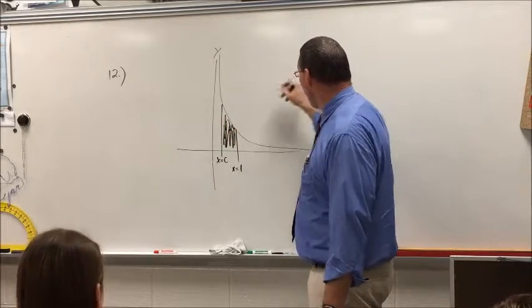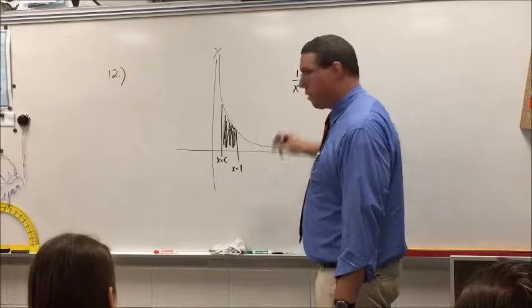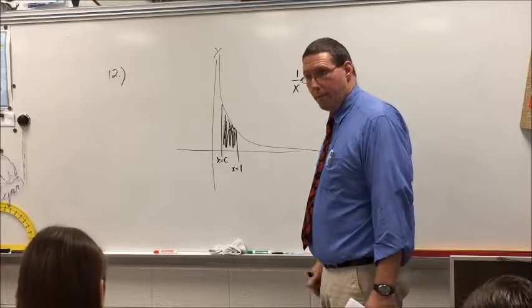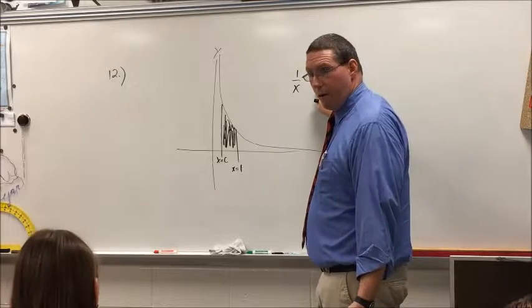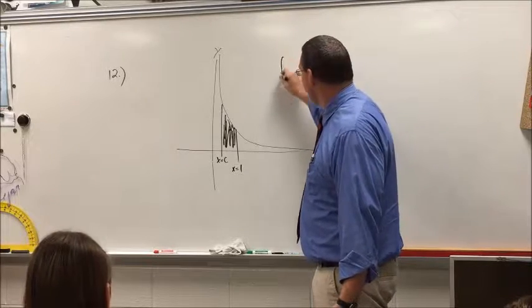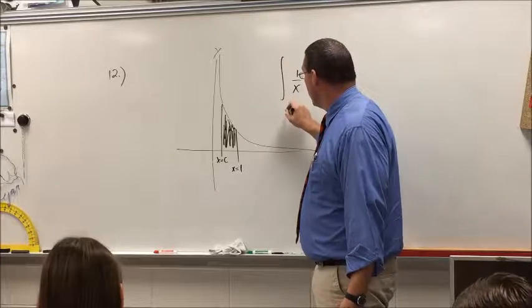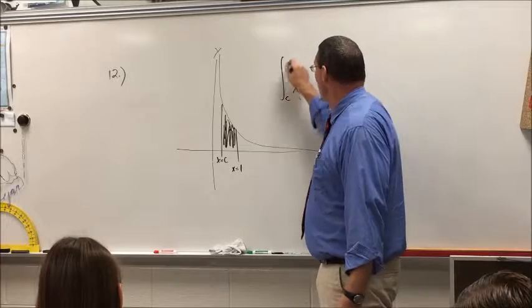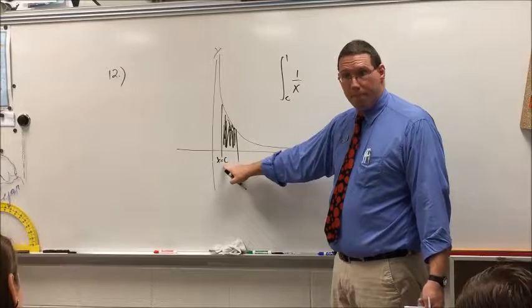Top minus bottom. What's the top? It's the function 1 over x, right? The bottom is 0, so I'd put minus 0, but I don't have to put minus 0. And what do I do to top minus bottom? I integrate from... 0 to 1? No, c to 1. Doesn't the region start with c?